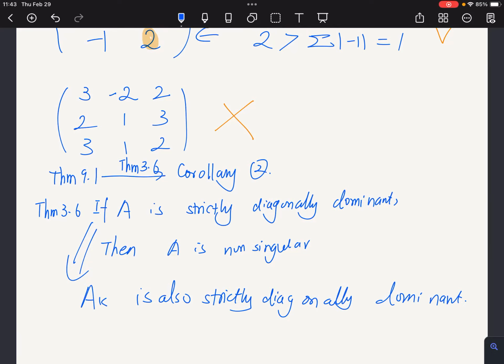Now I have already answered all the questions about LU factorizations: when do we have LU factorizations for a matrix? But actually, for a general non-singular matrix, we do have LU factorizations, but up to permutations.